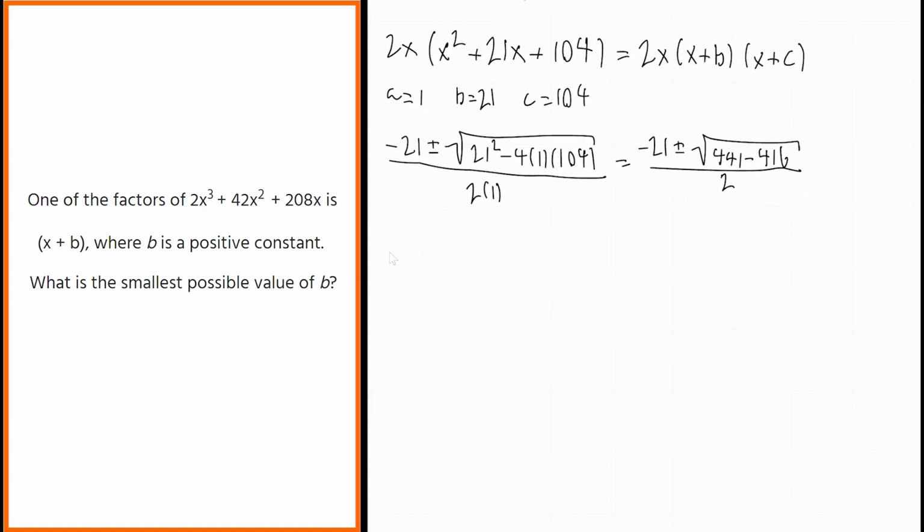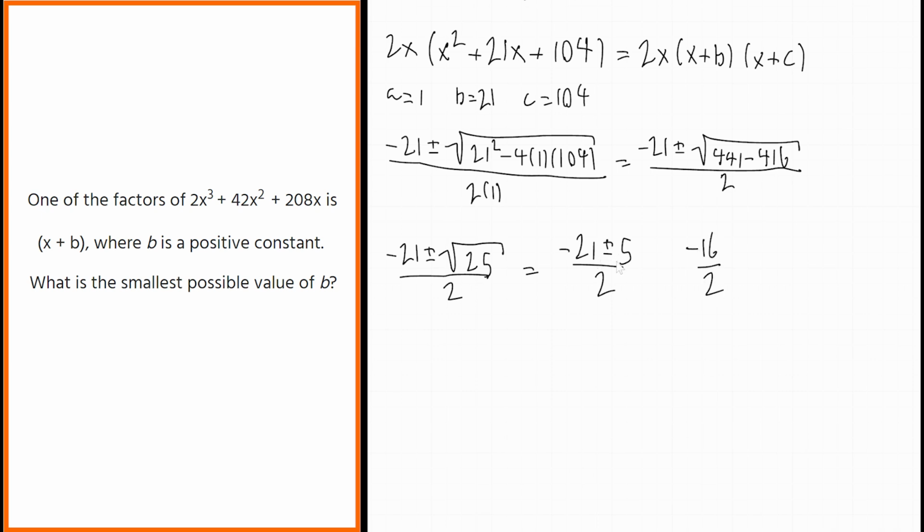Now we'll continue simplifying this. Negative 21 plus or minus the square root of, and 441 minus 416 is just 25, which is nice because that is a square number, which means that this is just going to be negative 21 plus or minus 5 all over 2. And if we check the plus one, that's going to be negative 21 plus 5, which is negative 16 over 2.